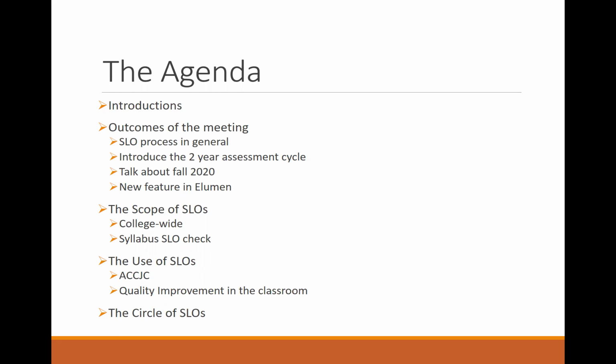I know I always mention it in the adjunct orientations, but SLOs, or course level SLOs, they are college-wide, which means if you teach in North District Center, they are the same as if you teach at Coalinga, if you teach Avenal High School, or anything that is coming from Coalinga as a class. SLOs should be the same.